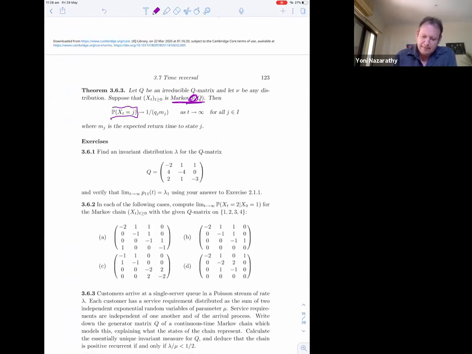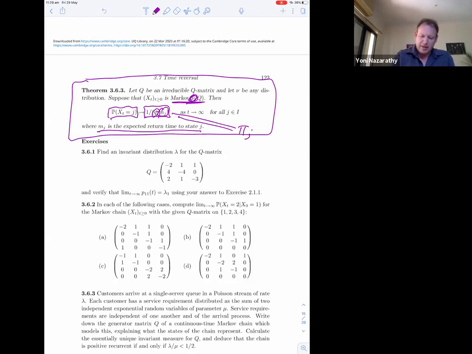Then the probabilities converge to this quantity, which is a different representation of what you'd call pi j. So pi j is like the inverse of the expected return time to state j, but rescaled with qj. That's the way they wrote it here.